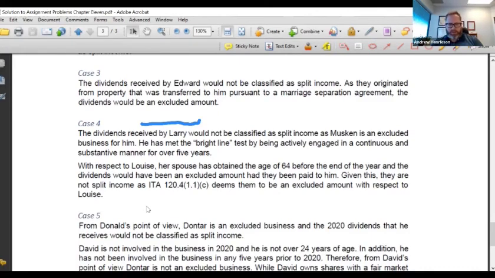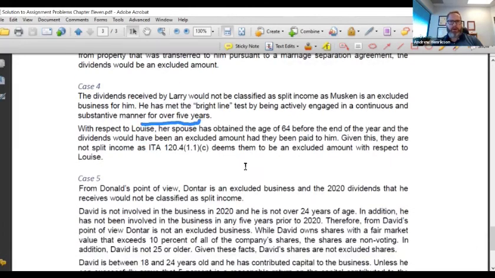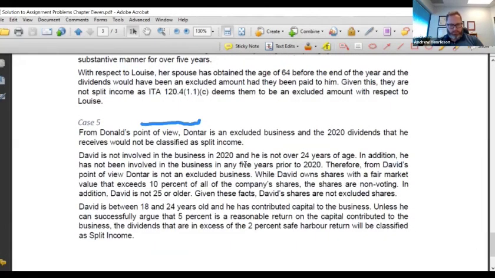And let's check the last one, case number 5. So Donald Rump, cute name, Donald Rump owned all of the shares of Dontar during the period 2012 through 2019, 100% ownership. It's a private Canadian company involved in active business in manufacturing. Donald has worked full-time in the business since its inception in 2012.